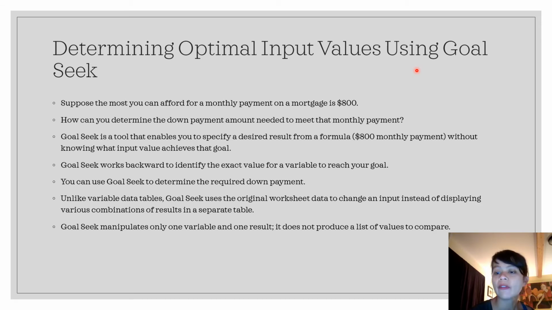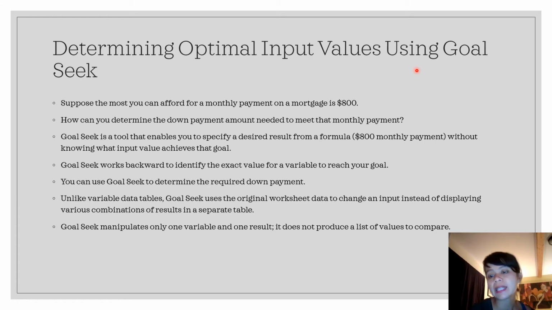So unlike variable data tables, goal seek uses the original worksheet data to change an input instead of displaying various combinations of results in a separate table. So I repeat, it actually changes an input in the original worksheet data. Okay, it doesn't display it in a separate table.